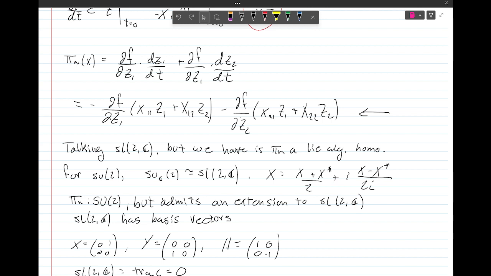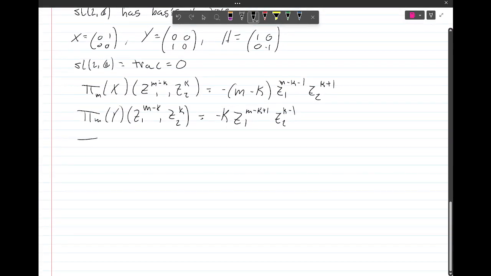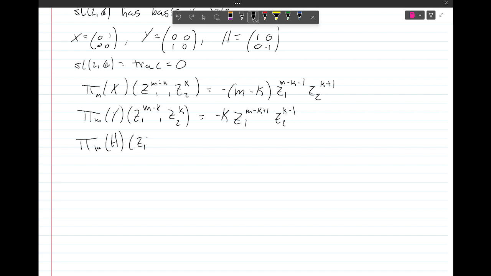So you'll actually apply the derivative to the monomial z1^(m-k) times z2^k. Then we won't use h soon, but we might need it later, so I'll just write it down.